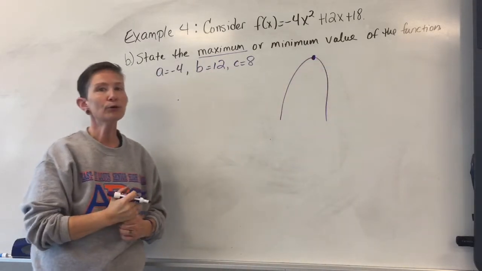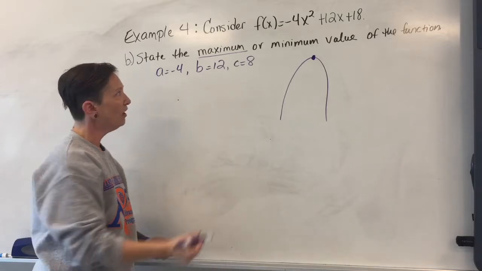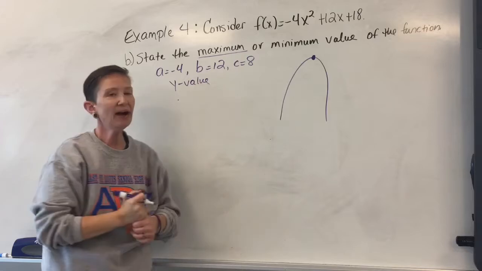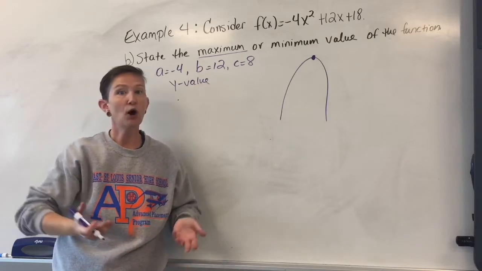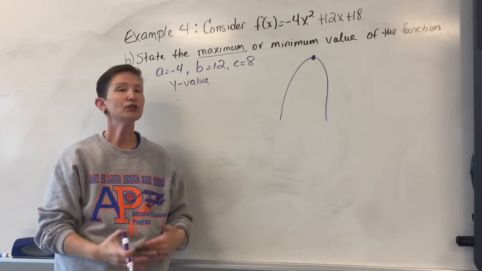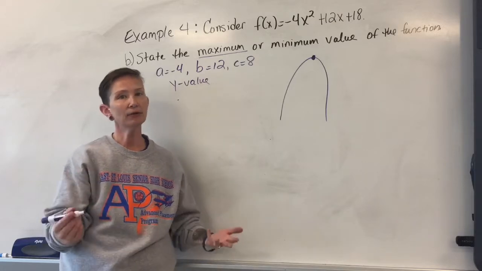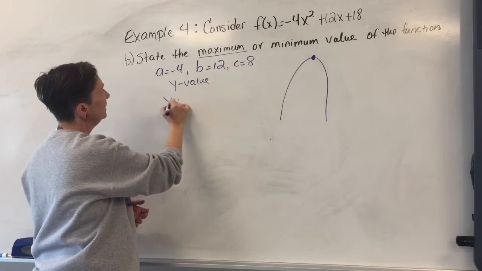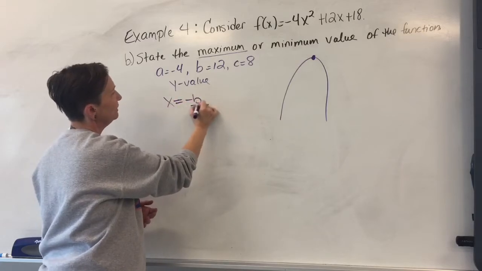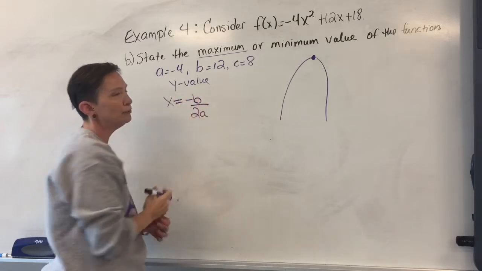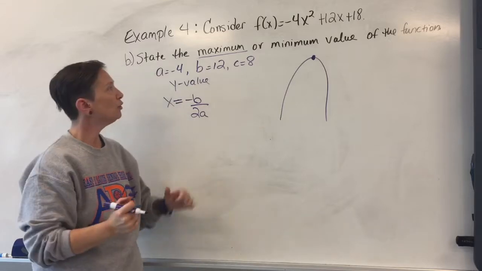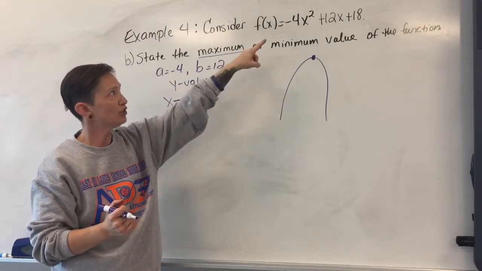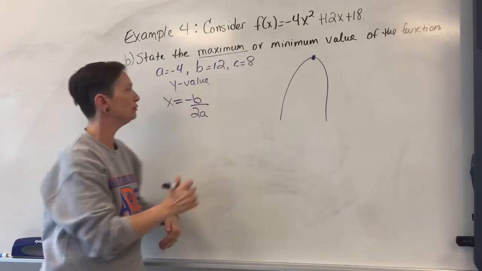So in order to find that maximum y value, we have to find the x value of this coordinate first. So we saw earlier that we can calculate the x value of that coordinate by using that x equals negative b over 2 times a equation. So what I've already done is picked out the a, b, and c from my function up here. So I'm going to substitute those in.